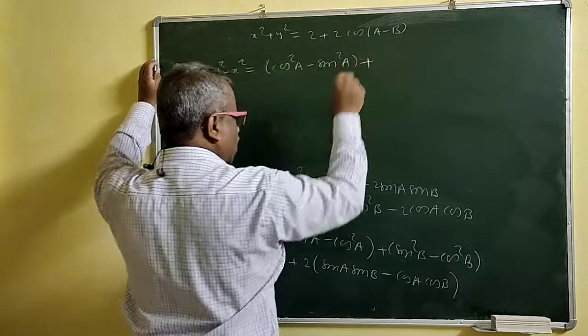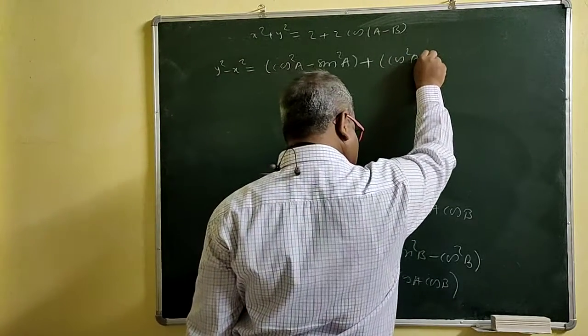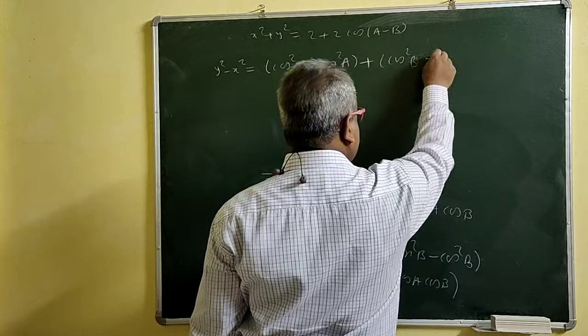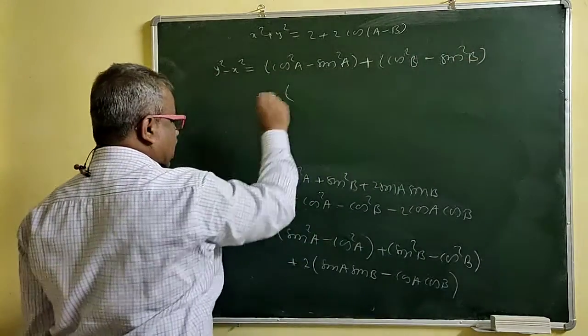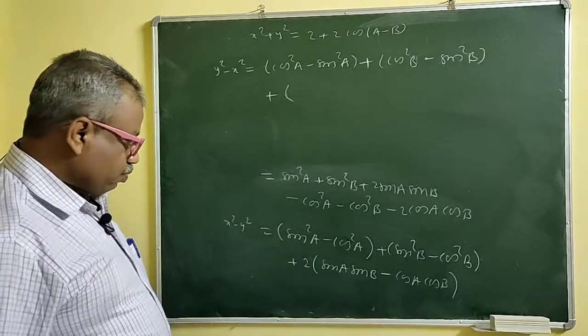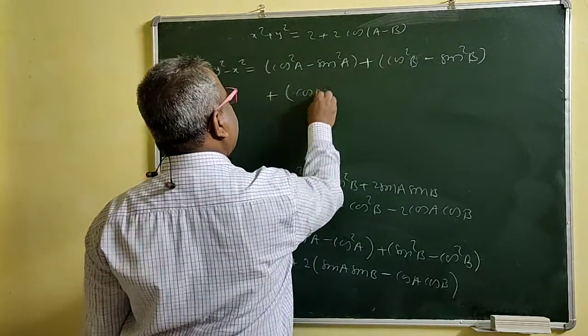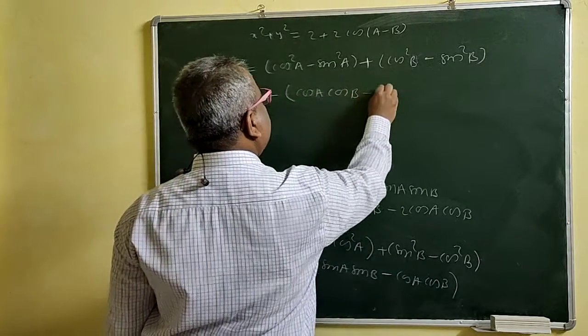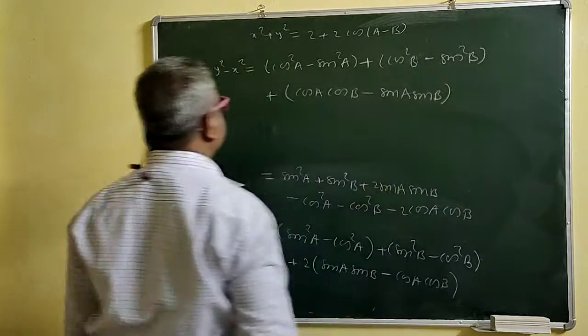So cos square A, cos square B minus sin square B. This sign will be as it is because we are interchanging the terms. So this is cos A cos B minus sin A sin B.